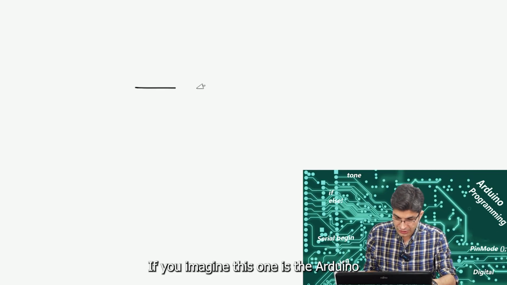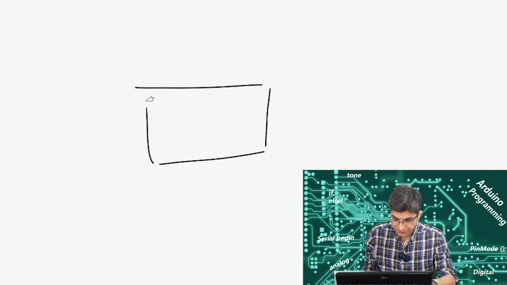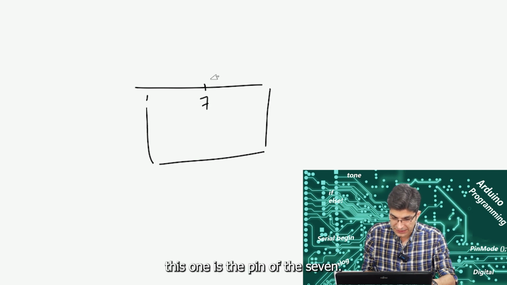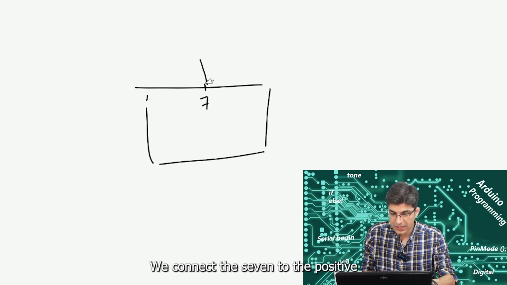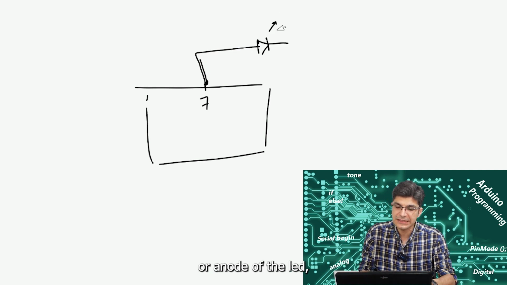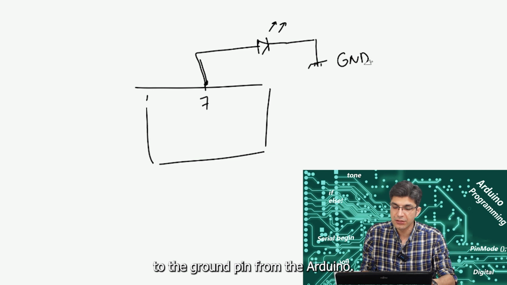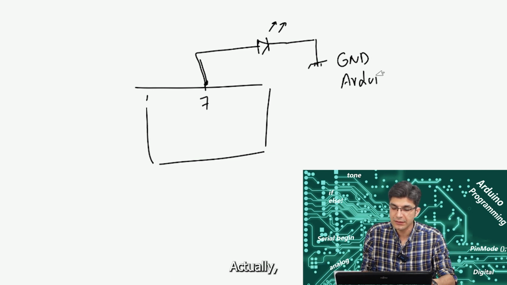If you imagine this one is the Arduino, and for example this one is pin 7. We connect pin 7 to the positive or anode of the LED, and this one should be connected to the ground pin of the Arduino.